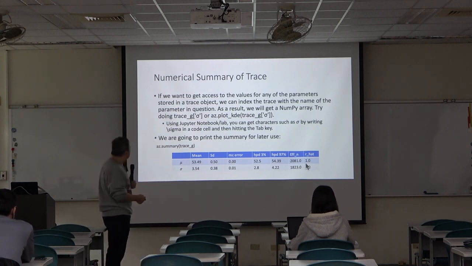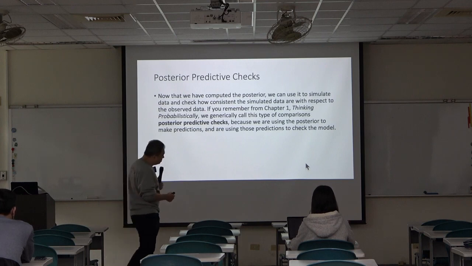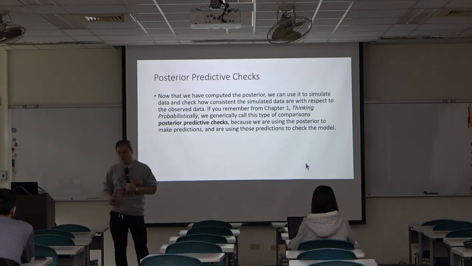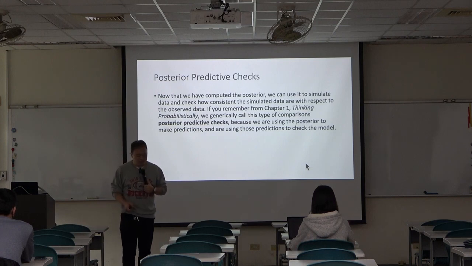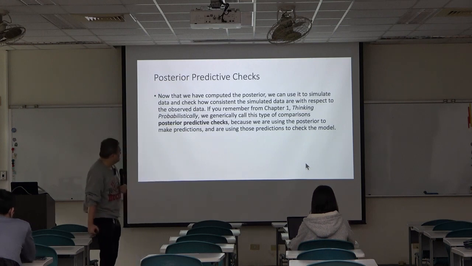But is this model good enough? We learned how to critique the result at the end of the last chapter. If you still remember, we call that posterior predictive check, and we only talked about the concept.